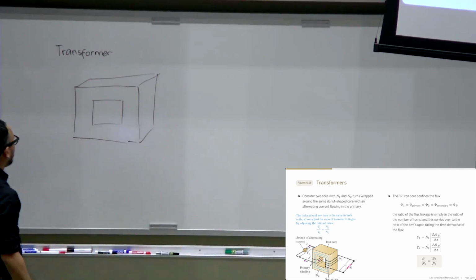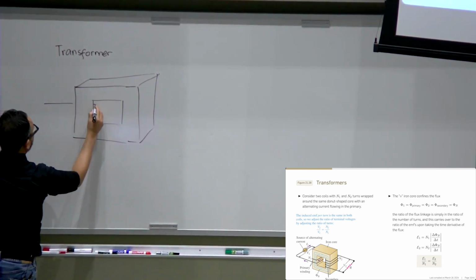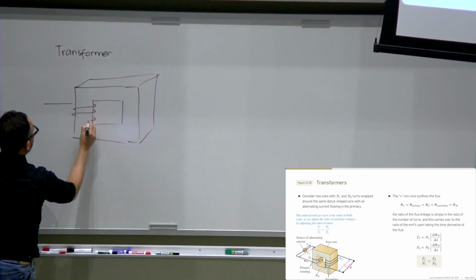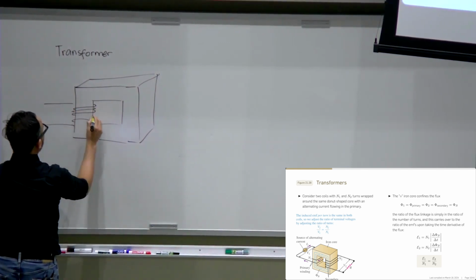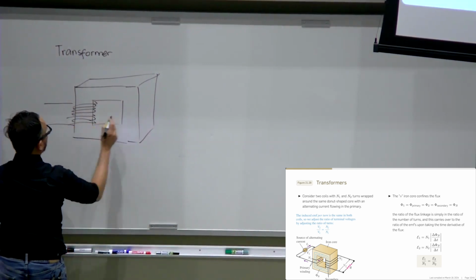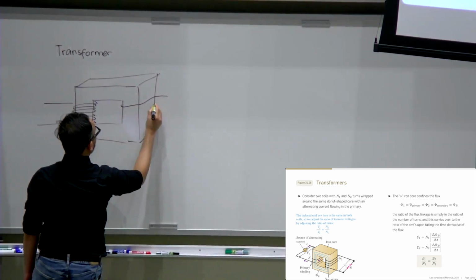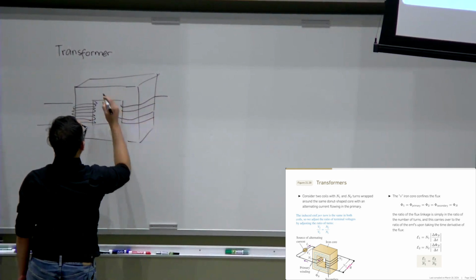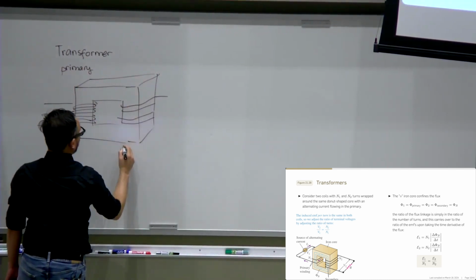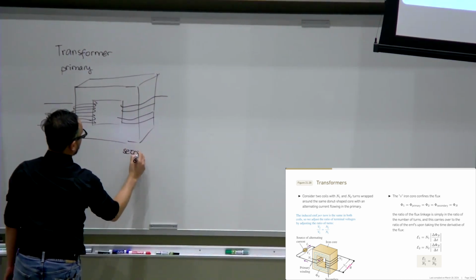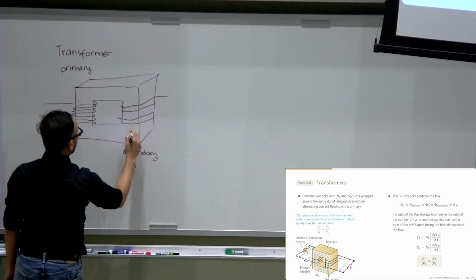Okay, and then you can connect one side with N turns, which can be more dense than the other, and the other side with less dense, let's say. And this is primary or coil 1, and this one is secondary, or coil 2.